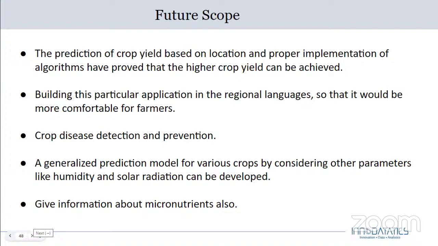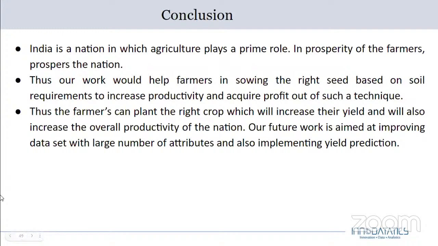Coming towards the conclusion. By using this web page, farmers can easily detect and take the right decision. Presently, our farmers are not effectively using technologies and analysis, so there may be a chance of wrong selection of crops for cultivation that will reduce their income.